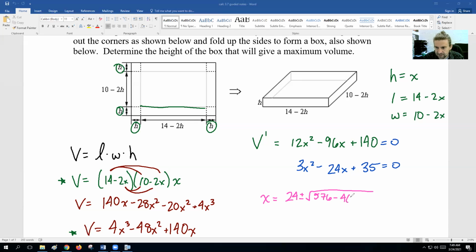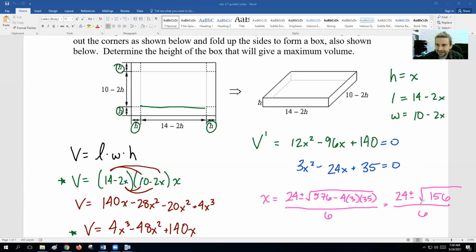Minus 4 times a, which is 3, times c, which is 35, all over 2a, that'd be 6. So we have 24 plus or minus the square root of 576 minus 4 times 3 times 35. Plug that in the calculator, that's 156, all over 6.